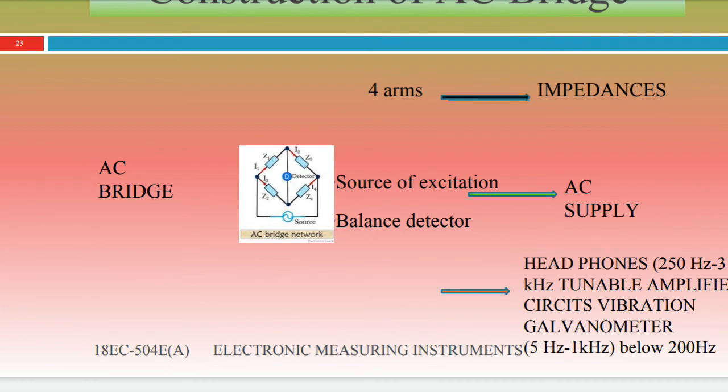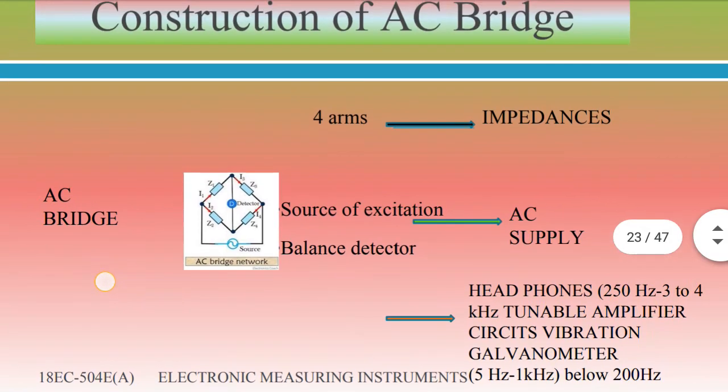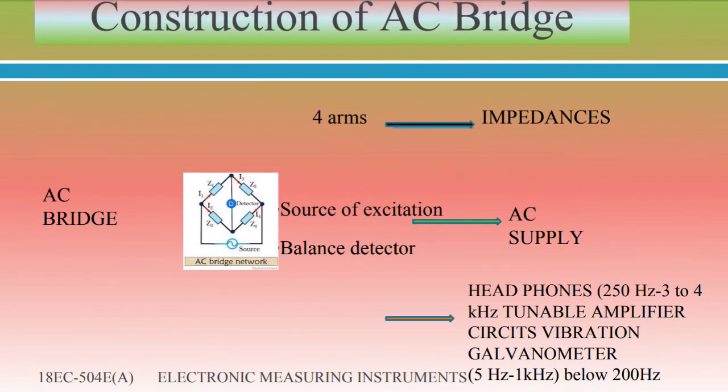For high frequencies, electronic oscillators are used as the source. Headphones are used as detectors at frequencies from 250 Hz to 3 to 4 kHz, and while working with a single frequency, a tuned detector is the most sensitive detector.